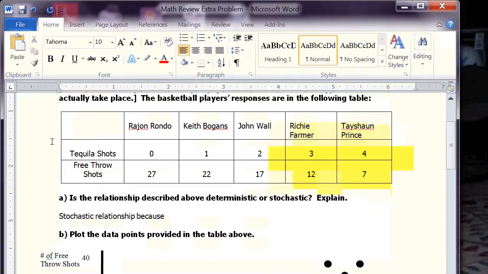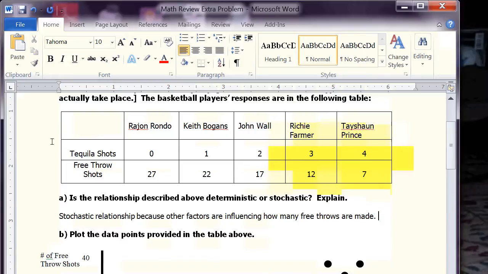We're going to say that it's stochastic because other factors are influencing how many free throws are made.